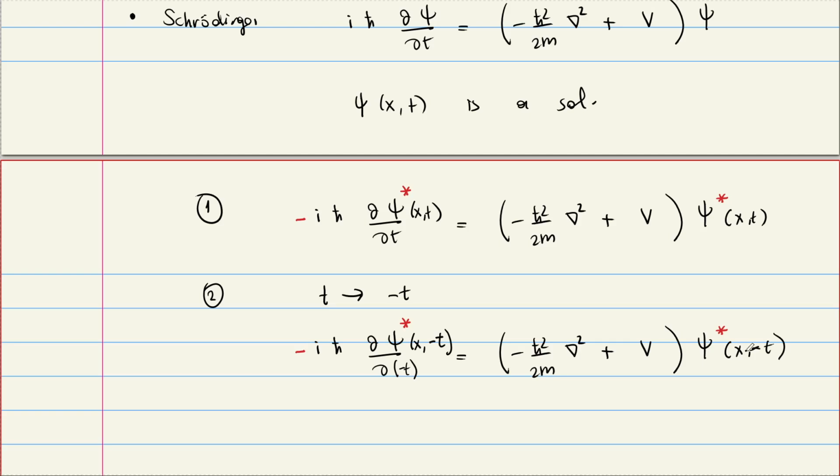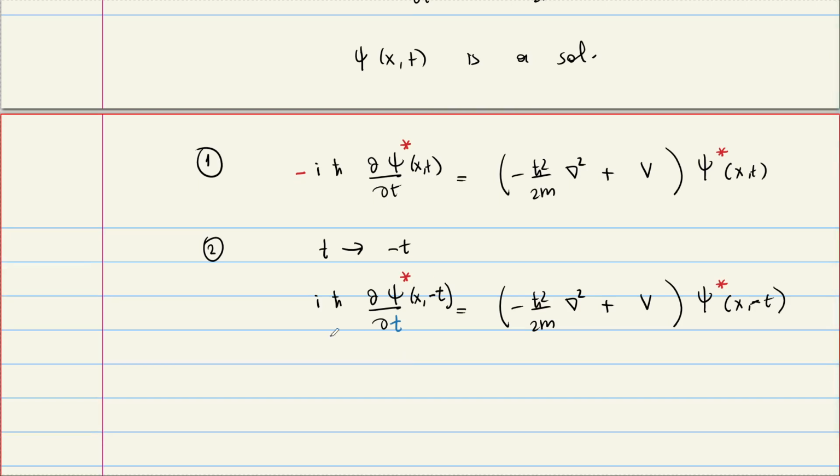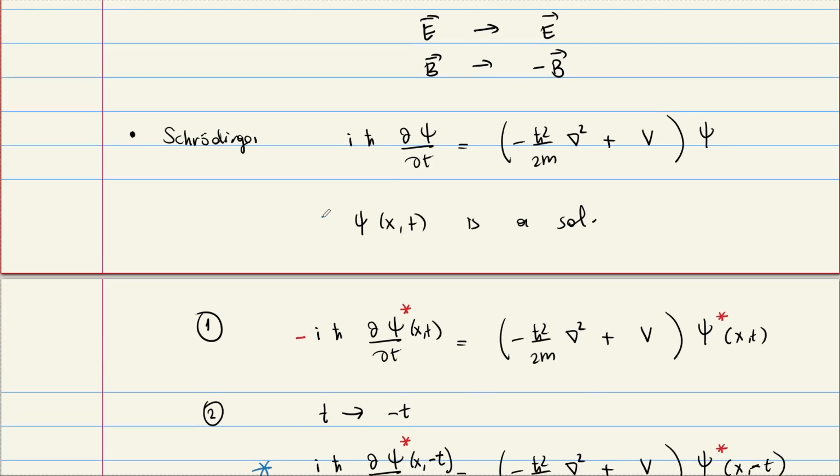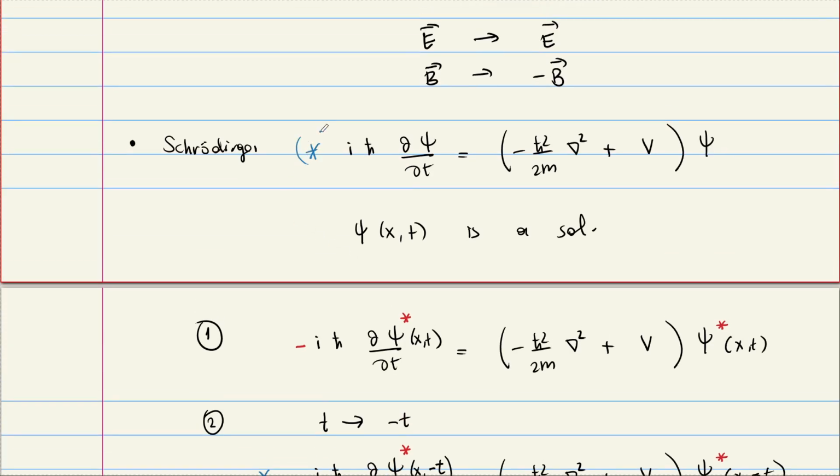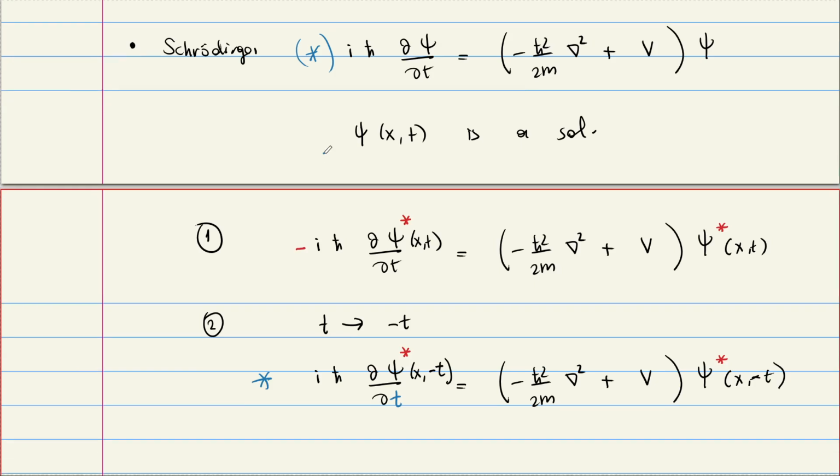And there is nowhere else. And now I can combine this minus and this minus, and I can erase this one, and I can make this one t. And now I see this equation and this equation are exactly the same, whereas the solution in the first case is ψ of x comma t.